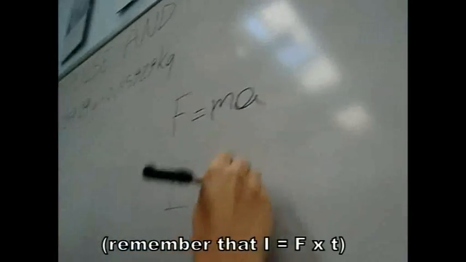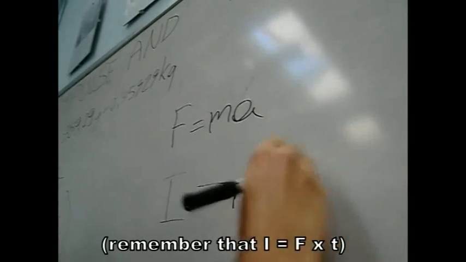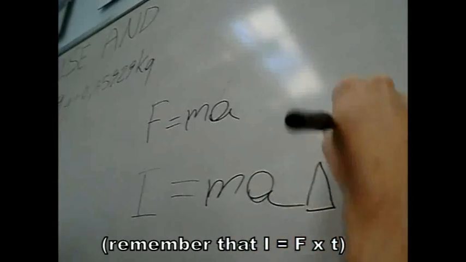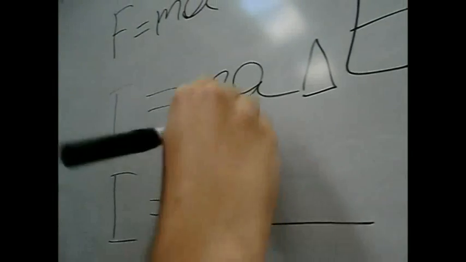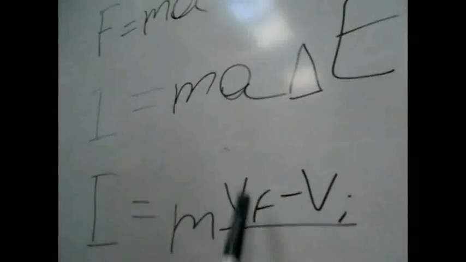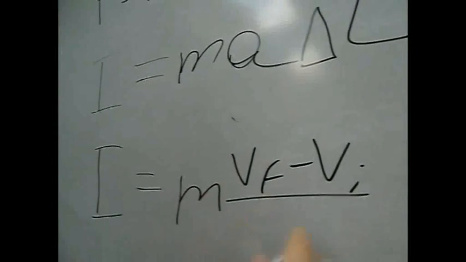So now we can write that the impulse equals the mass multiplied by the acceleration multiplied by the time. So now we can write this, which means that the acceleration is the difference between the final velocity and the initial velocity.